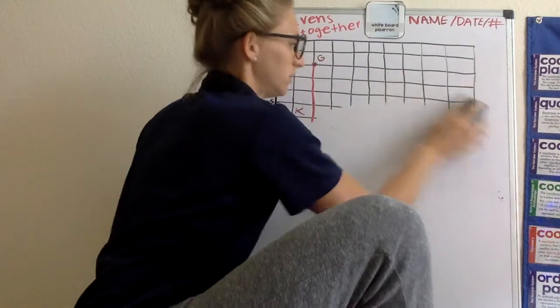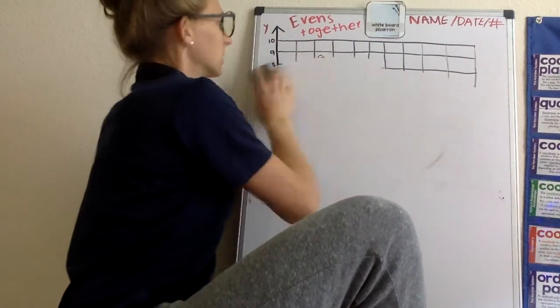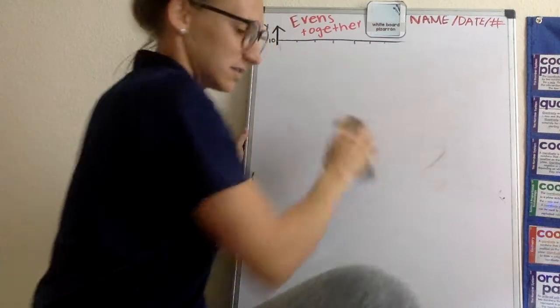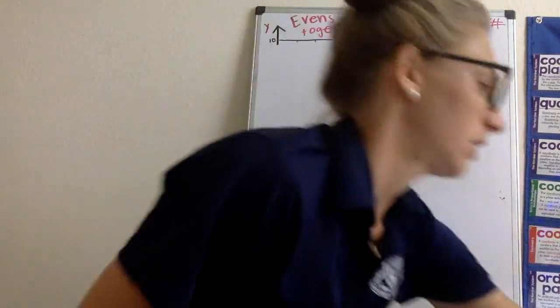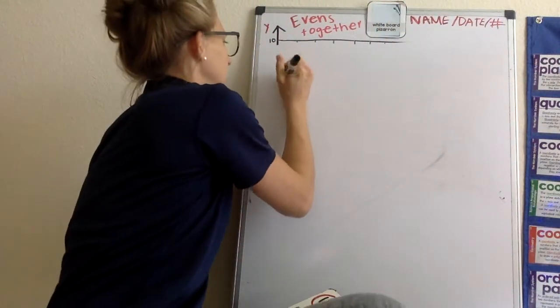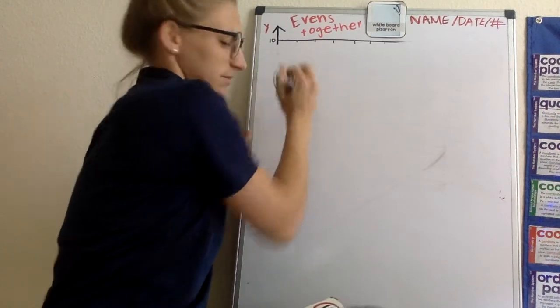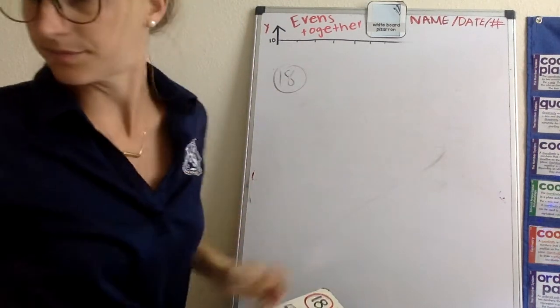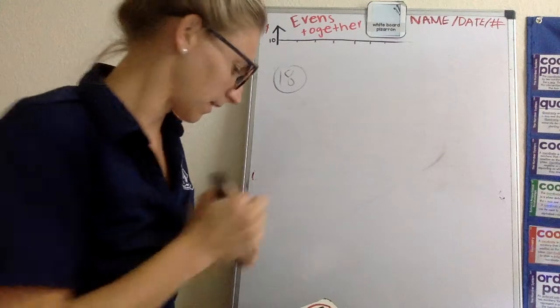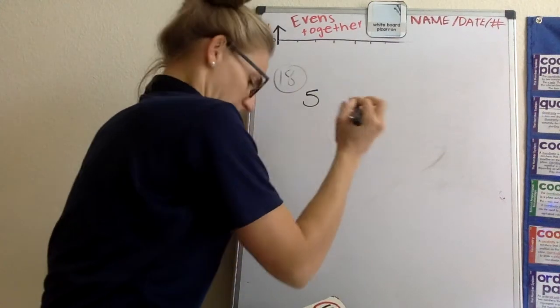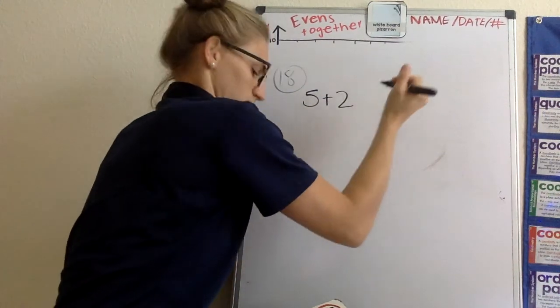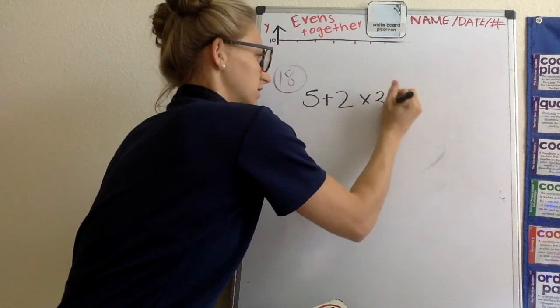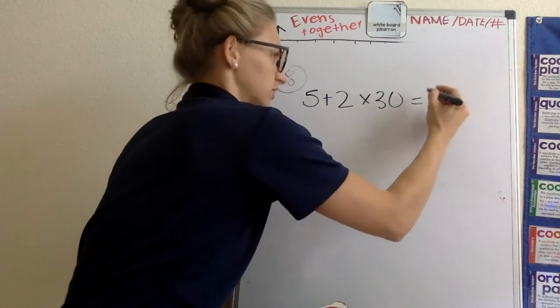I'm going to get rid of the whole shebang. Let's write it up here nice and big so you can see it. Alrighty, so this is number 18. And we need a new marker. Alright, we have 5 plus 2 times 30 equals 210.